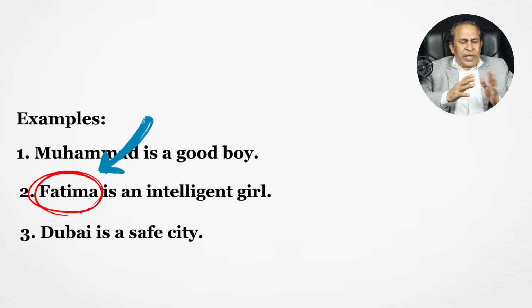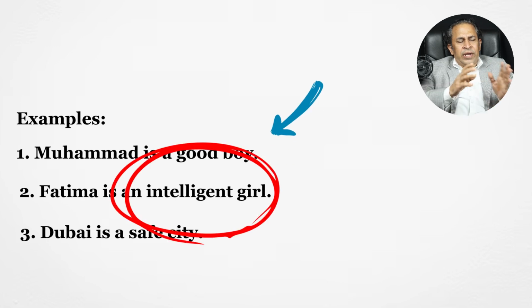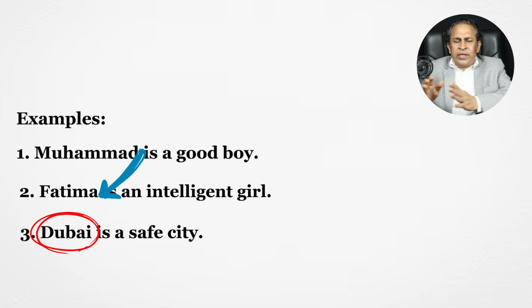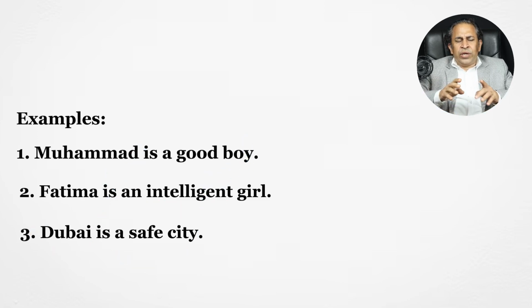What are you saying about her? An intelligent girl. So here too we have two components, Fatima and is an intelligent girl. Now in the third sentence, Dubai is a safe city. Here too we have two components, Dubai and is a safe city.